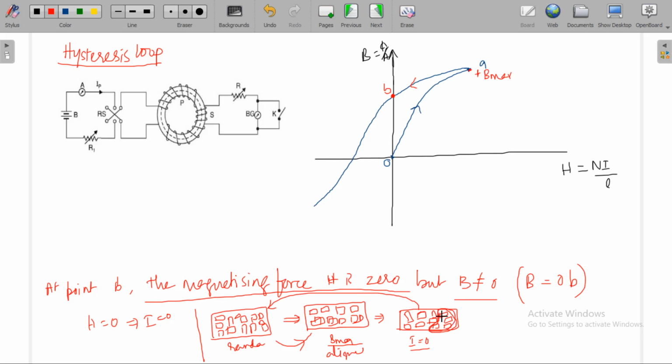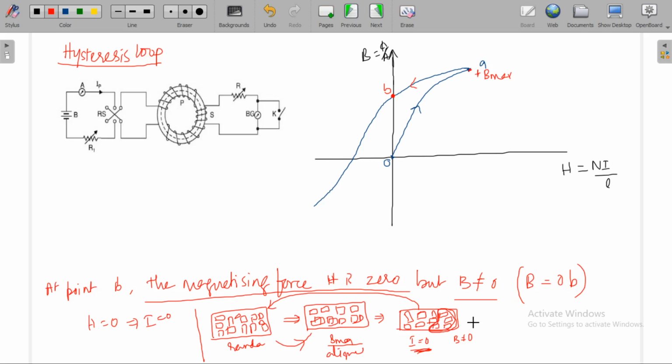Even though the current is 0, some aligned domains are still present here. Because of these domains, the magnetic field is not zero.